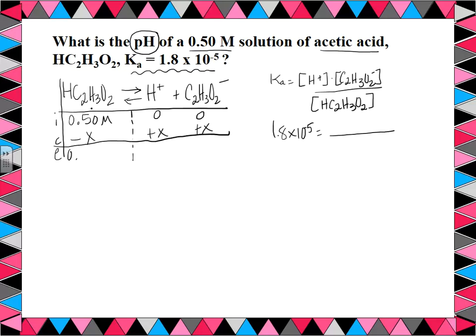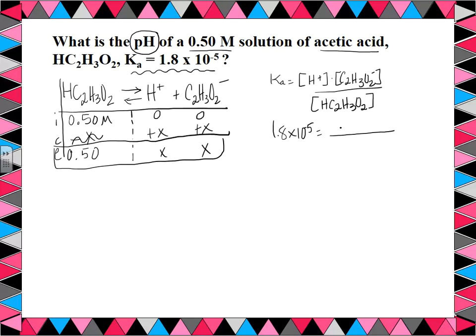You see how we have an initial amount present of our acid? Since it's a weak acid, or if it were a weak base, you can neglect the X. So we can assume this is so minimal, it's not going to really change it. So we're just going to leave this 0.50, and that means here, this will be X and this will be X.